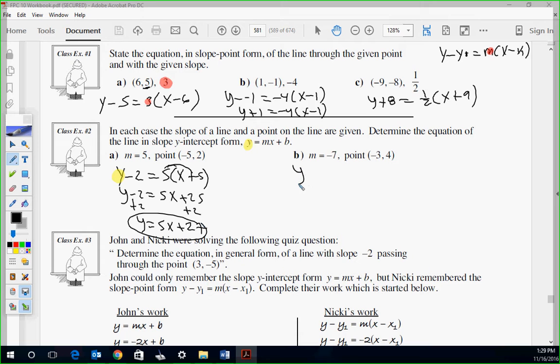Okay, so here, y minus 4 equals negative 7 times x plus 3. Opposite, opposite. I now distribute the negative 7. Okay, negative 7x minus 21, and we'll add 4.